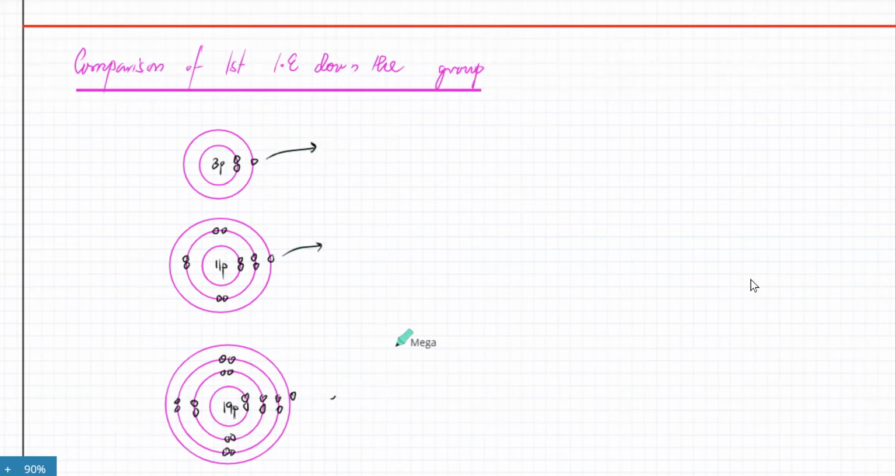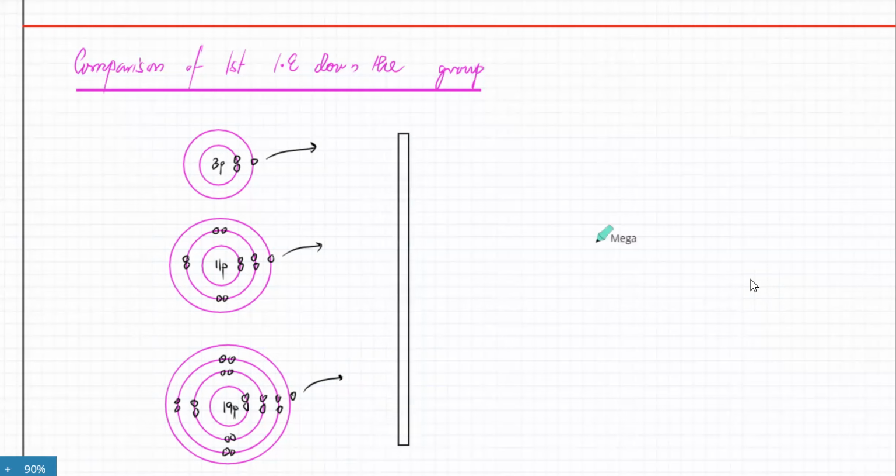So first thing, what are the factors that are in play? What's going to happen? Make a rough guess. Would the ionization energies increase or would they decrease when you move down the group? Anyone, what's going to happen? Sorry, it's a decrease.